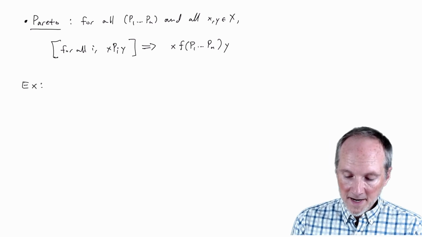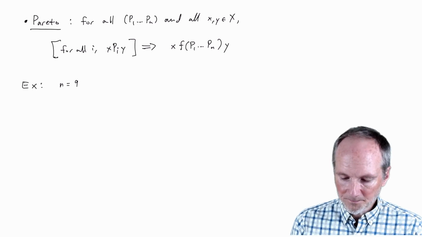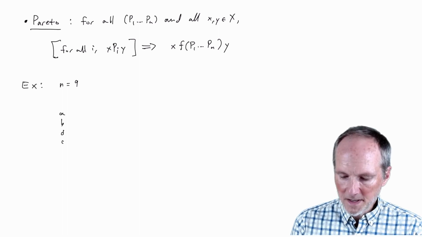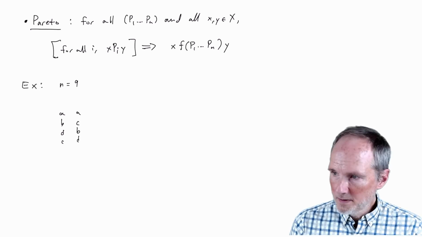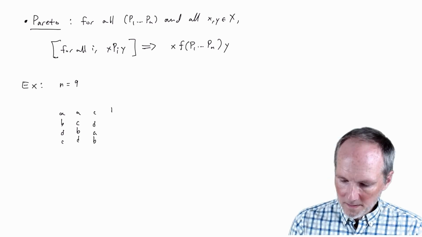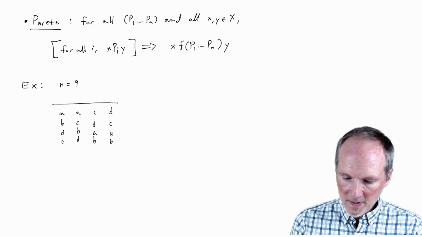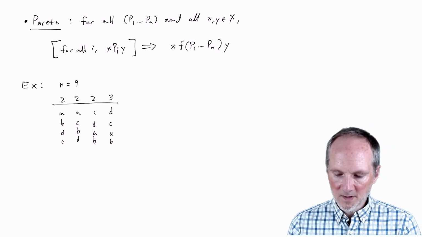In that example, we had 9 individuals. There were only 4 rankings: A, B, D, C; A, C, B, D; C, D, A, B; D, C, A, B. We had 2 people having each of the first 3 rankings, and 3 people had the last one.